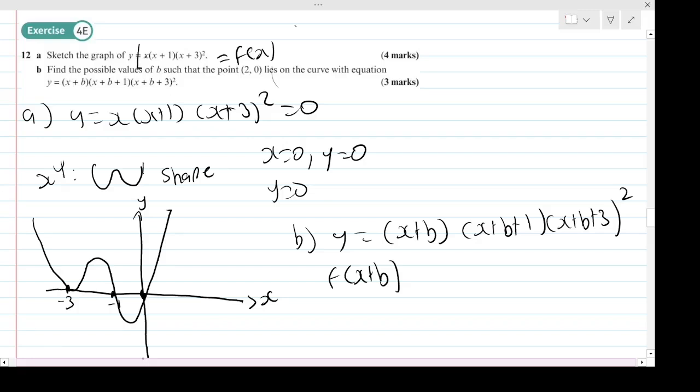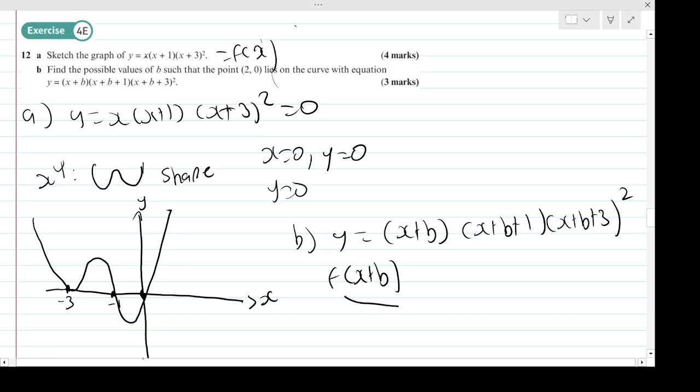If this is f of x, the difference between that and this new graph is that I'm substituting x plus b instead, because every x has a b next to it as well. Well, what do we notice about this function here? Again, it's a translation because I'm adding a number inside the function, and what I do inside the function, I do the opposite.